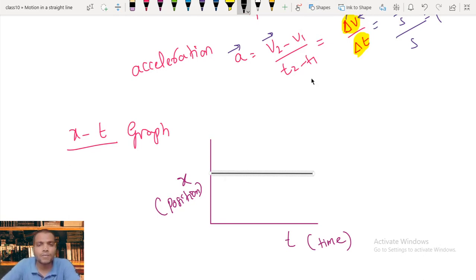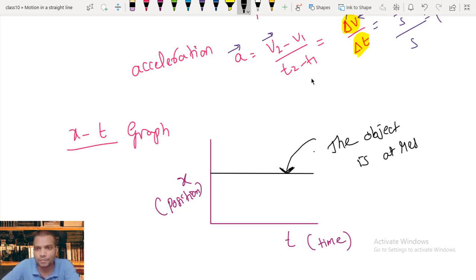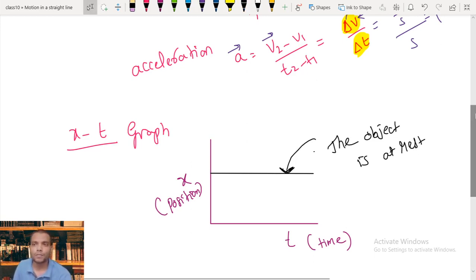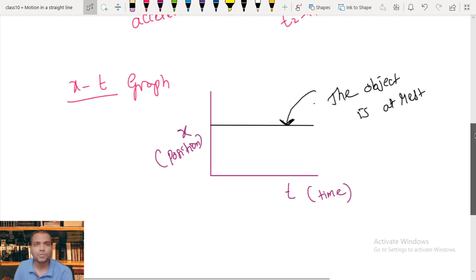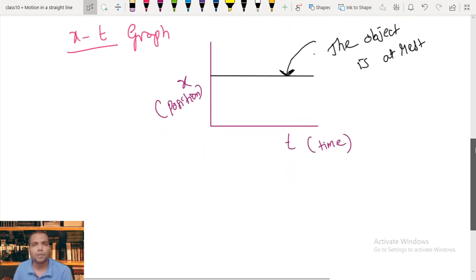This graph tells about the motion of the object: the object is at rest. That is the meaning of the graph. Now if this is the position time graph, what could be the velocity time graph?